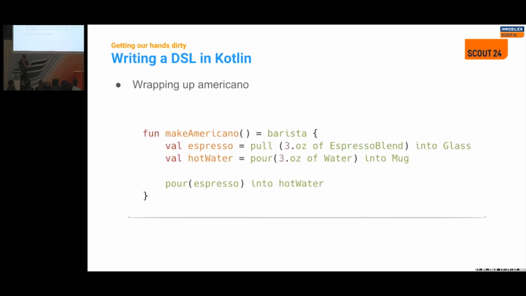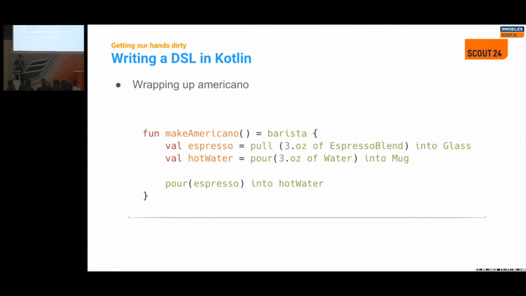Okay, to get back to my favorite coffee beverage, let's wrap up the Americano and use our domain-specific language to do a bit more: pulling 3 ounces of espresso into a glass, pouring 3 ounces of hot water into a mug, and then mixing the two together, also with a pour. And this is not much more than what we already did.